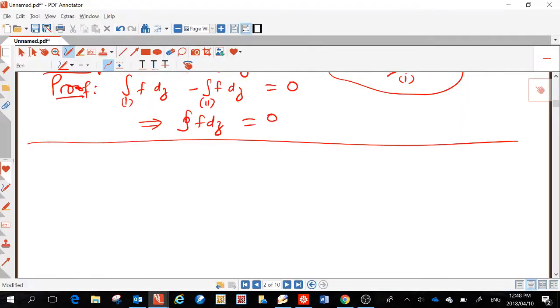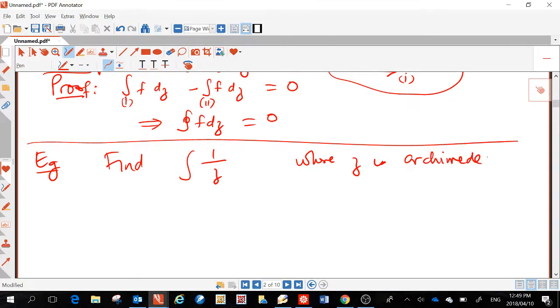Anyway, let's make up a problem. Example, let's say find the integral of 1 over z, where z is the Archimedean spiral, going from z equals 2 pi to 8 pi.